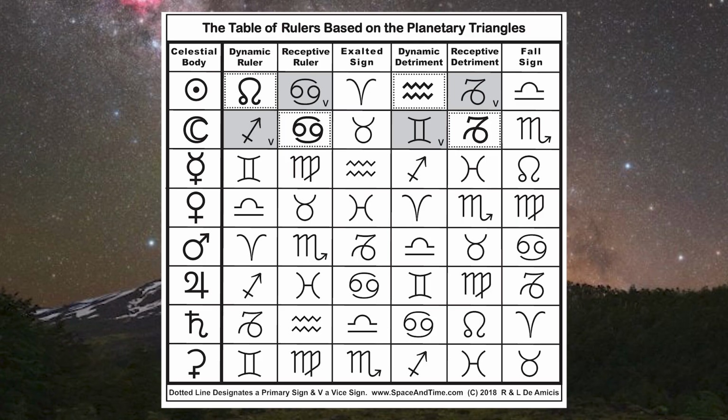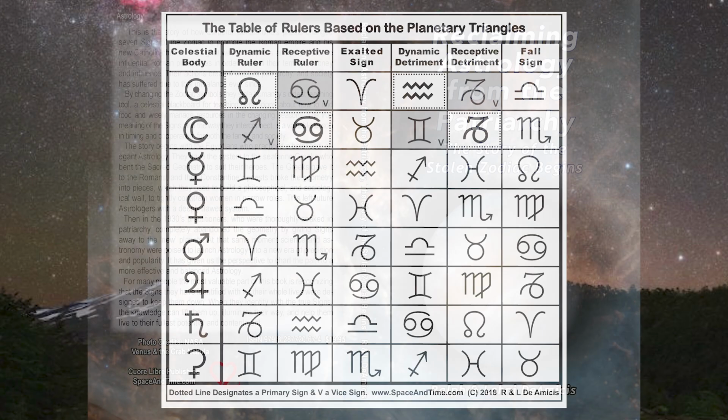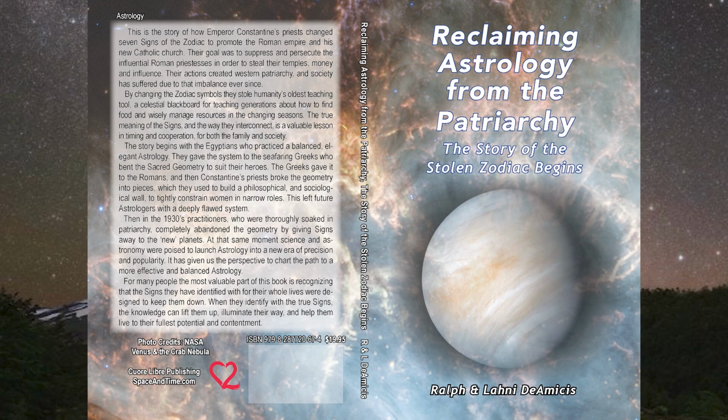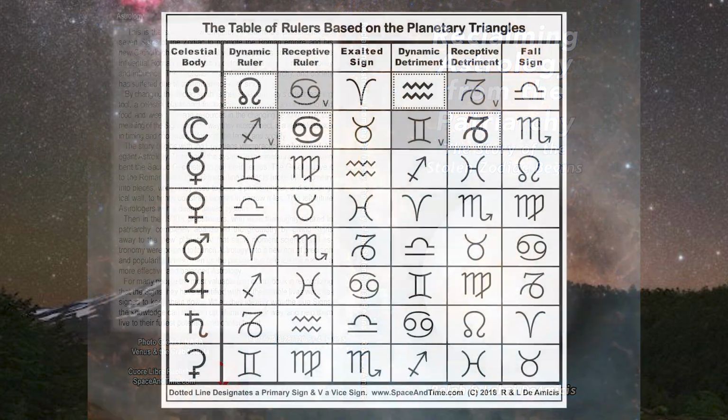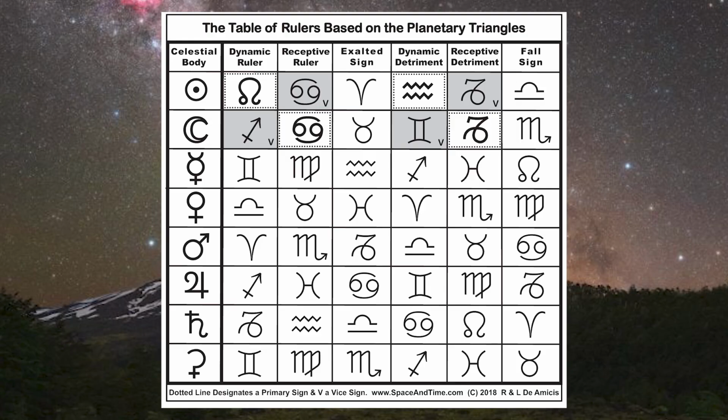The celestial geometry this is based on was broken over the centuries, but we restored it in our Reclaiming book. Check it out. It will change your understanding of astrology. The ruler, or social sign, operates best in the career world, which is why it was highlighted in patriarchal societies.